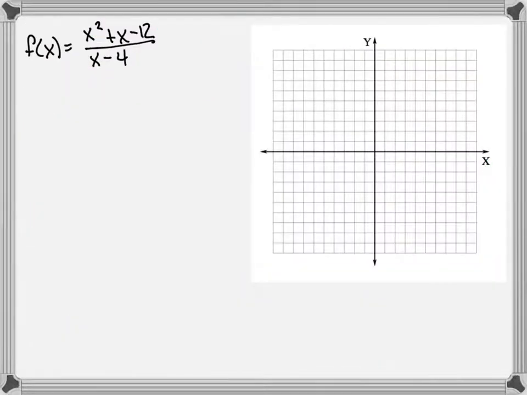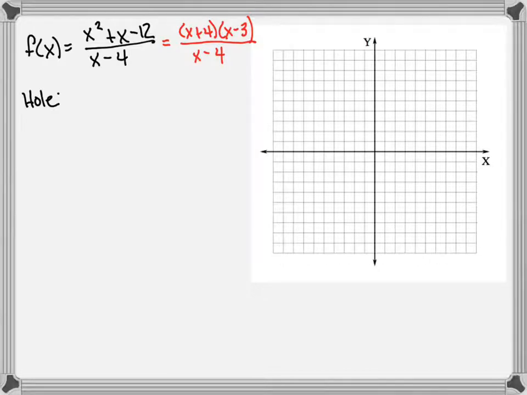Okay, one last example. f of x equals x squared plus x minus 12 over x minus 4. So factoring, we get x plus 4 times x minus 3 over x minus 4.